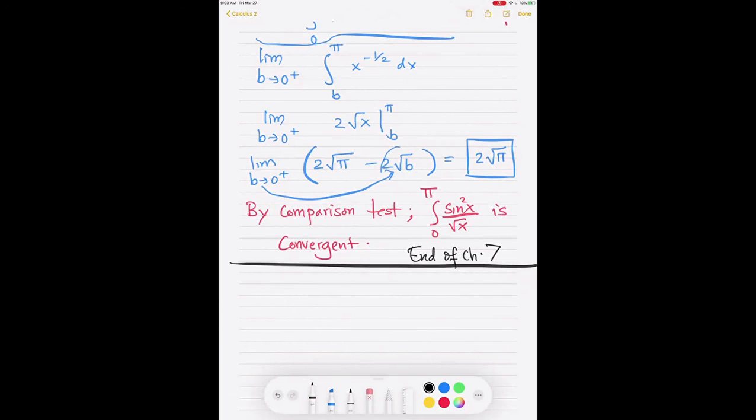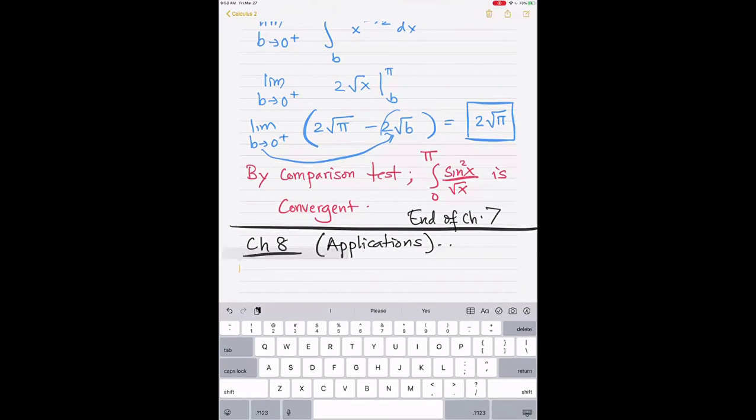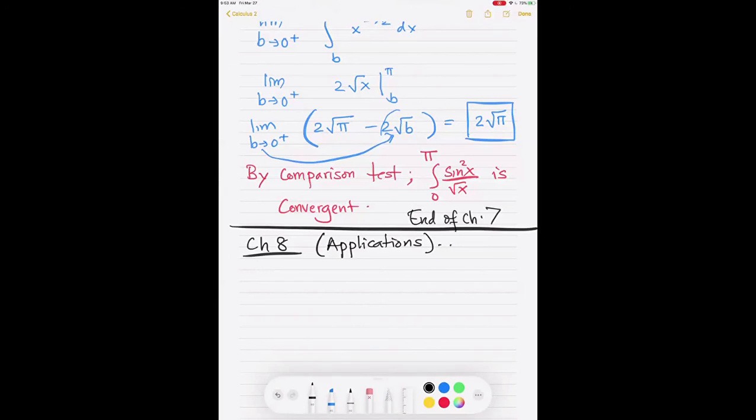And we are going to go into chapter 8. Chapter 8 is applications. Long, long ago, when we were seeing each other, I promised you that you're going to set up an integral. Look how far you've come. You already set up an integral to find area, volume, average value, work done.